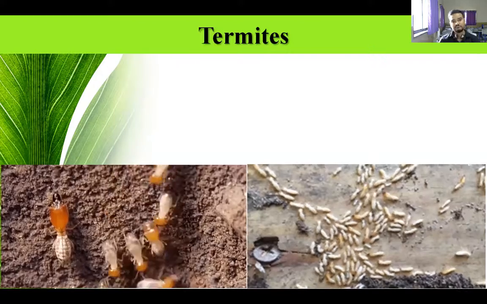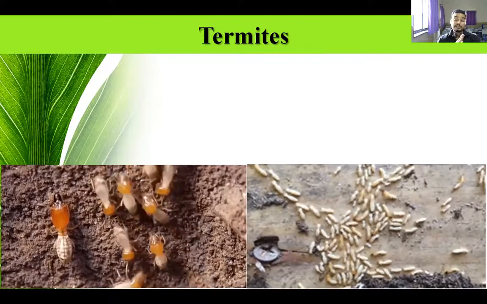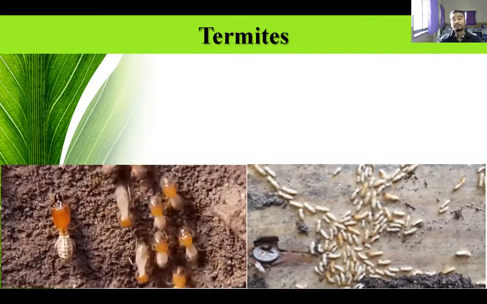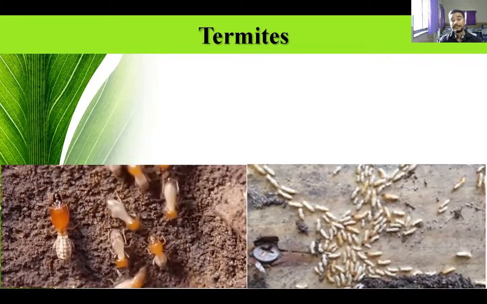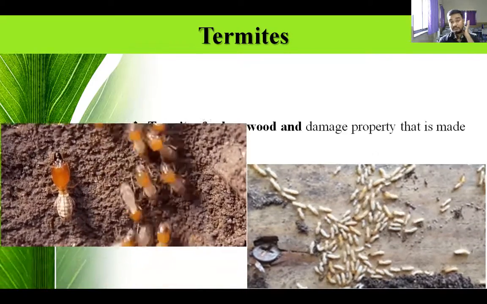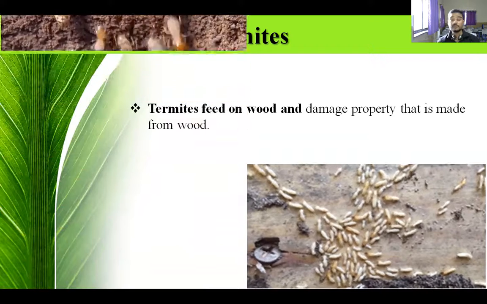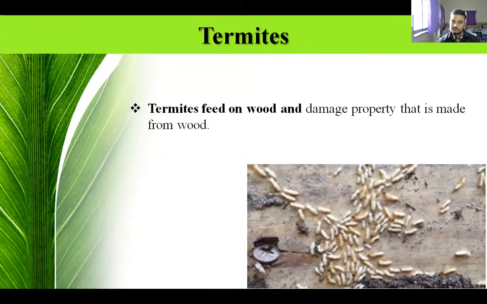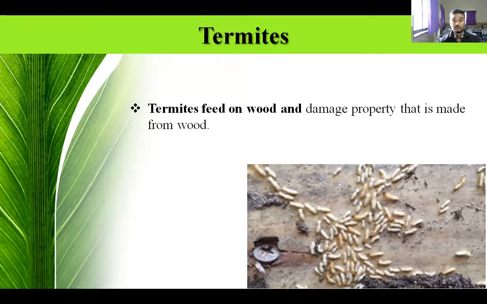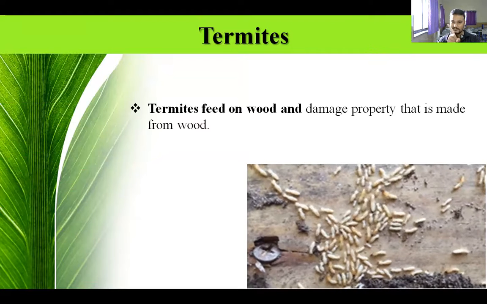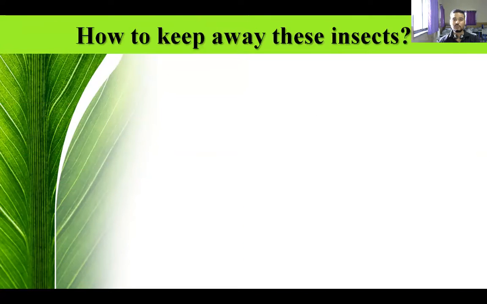Then termites. If they are eating dead plants, at that time they are good. But if, instead of a dead plant, they start eating our furniture or our wooden property, are they good? No, they can damage our property also. So that is why they are harmful.